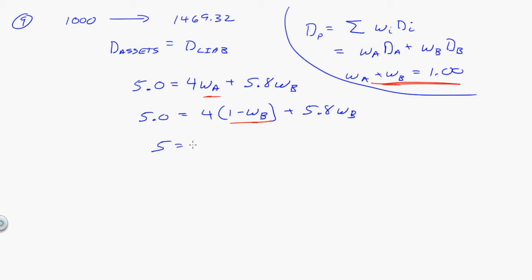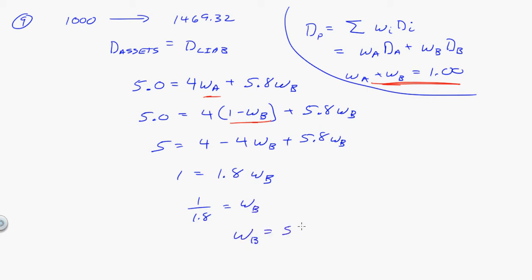So 5 is equal to 4 minus 4 weight of B plus 5.8 weight of B. 1 is equal to 1.8 weight of B. 1 over 1.8 equals the weight in B. So the weight in B is equal to 55.56, rounding off percent, which means the weight in A is equal to 44.44%.